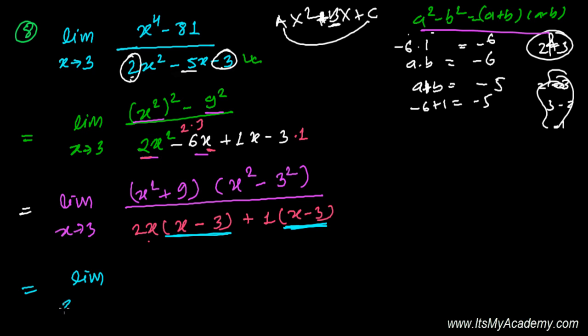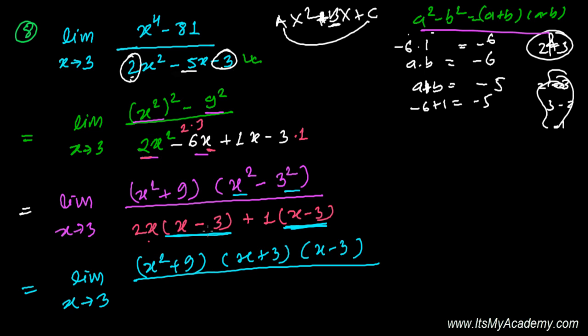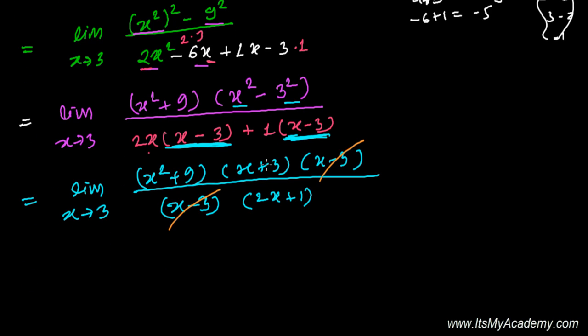And now the benefit of this is we're getting x minus 3 common in both terms. So limit x tends to 3, x square plus 9, and a square minus b square again, so it will be a plus b, a minus b, and as I told you, we are getting this x minus 3 common from both terms, and now it's 2x plus 1. And further, my dear friend, now we can cancel this x minus 3, and the trick behind all this was getting a denominator without 0.